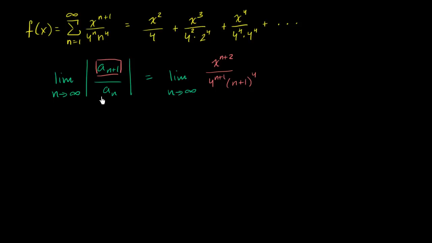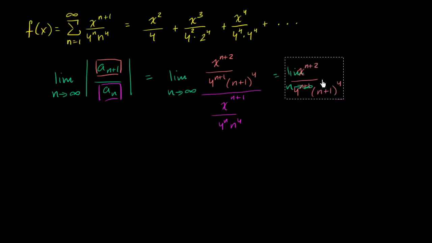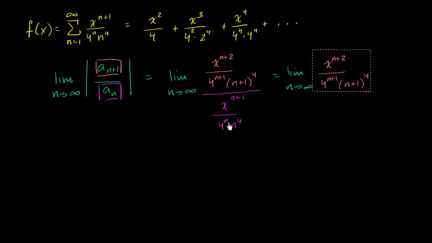And we're going to divide that by the nth term, which is just going to be x to the n plus 1 over 4 to the n times n to the fourth, which of course is going to be the same thing as the limit as n approaches infinity of, I can just copy and paste this, of this, times the reciprocal of this.